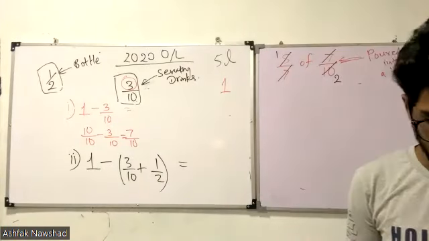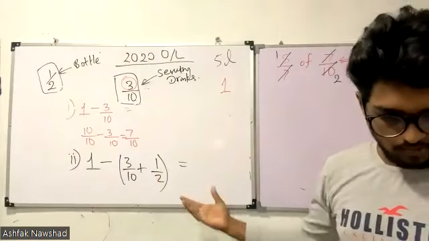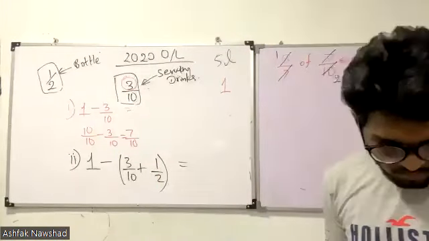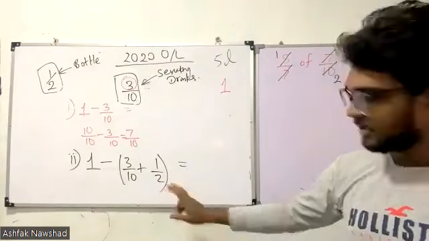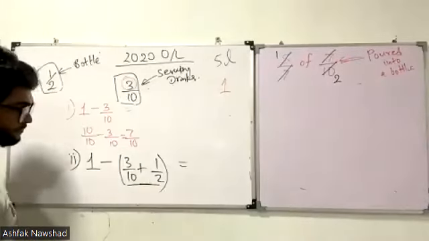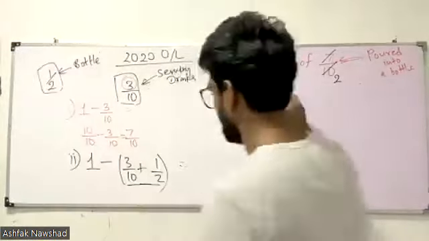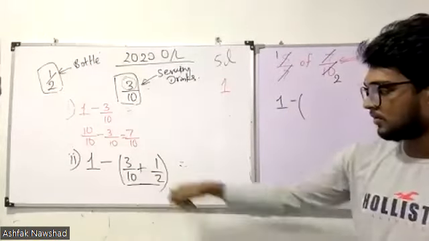If anyone has doubts regarding this, let me know. We are still working on the second question's answer. Let's see. We can simplify this. I'll use this board. 1 minus 3 out of 10 plus 1 out of 2.